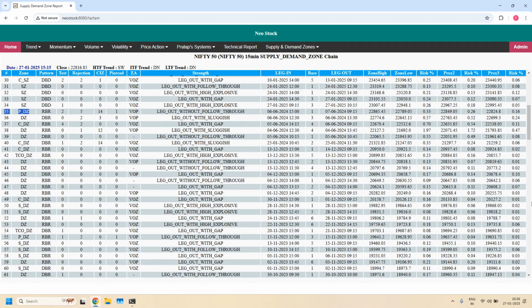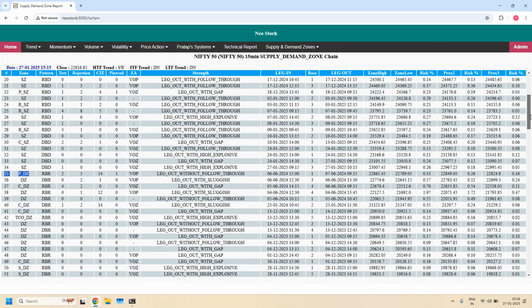Here you have the demand zone. Let me put it in the center. So above are all supply zones, below are all demand zones. This is the current nearest to the current price, closing price. This is the demand zone and this is the supply zone.